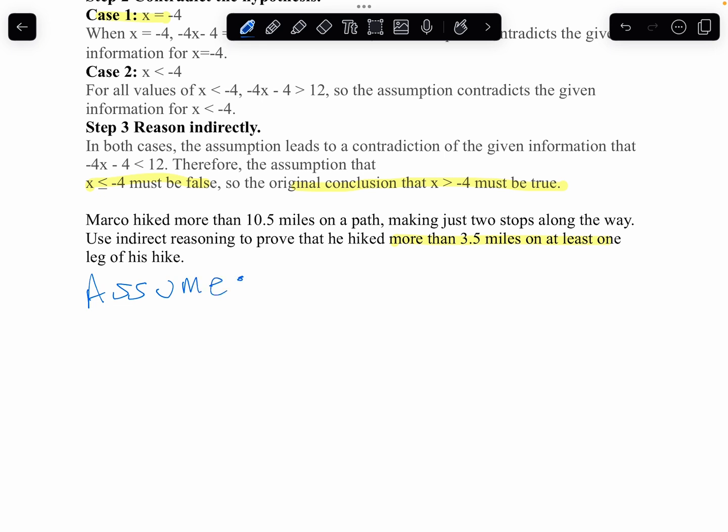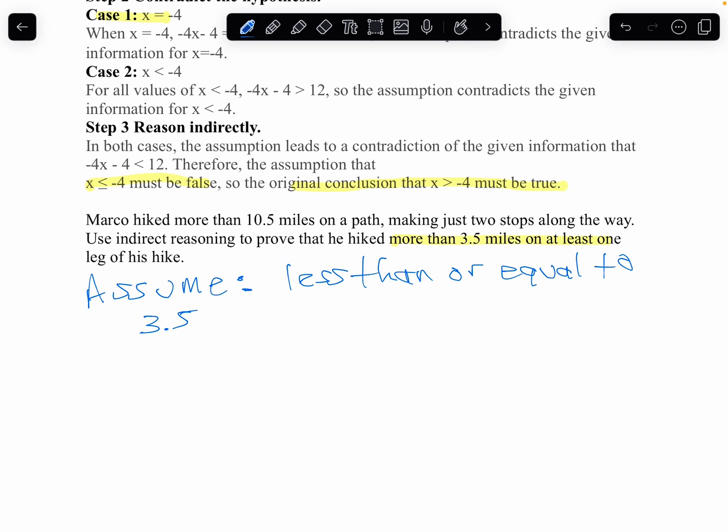So I'm going to assume that Marco hiked less than or equal to 3.5 miles on each leg. So in other words, I'm going to have a number.